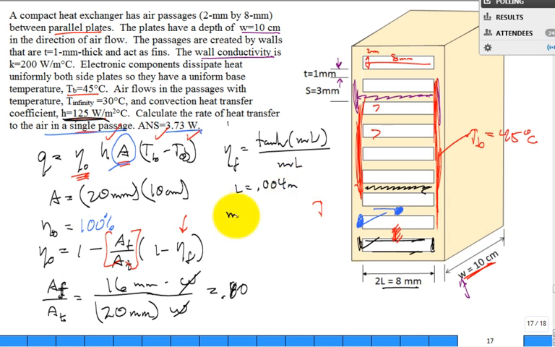What is m? Well, we have to do a little work. That's the square root of hP divided by kA sub c. For our rectangular fin, P, our perimeter, is 2 W's plus 2 thicknesses. These are negligible. I mean, really, there's no heat transfer from the face, the butt end.